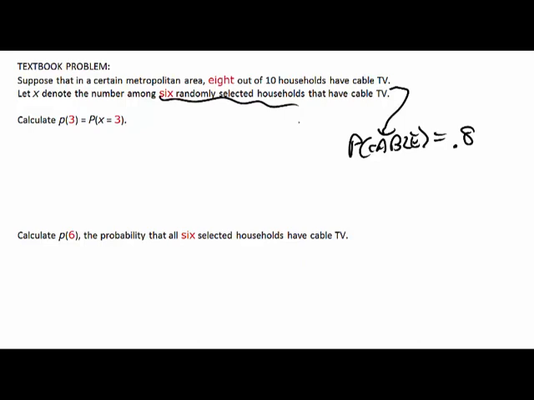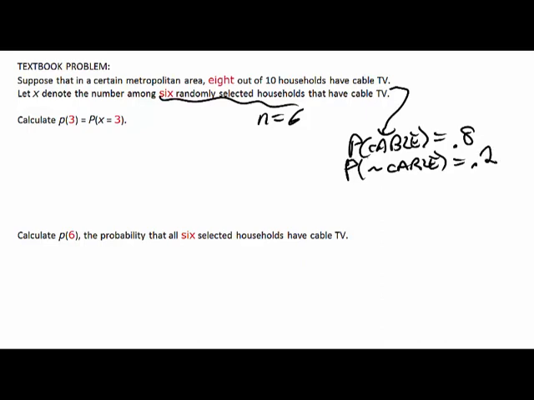So I'm going to randomly sample 6 households and try to see how many of them actually have cable television. Well, what that tells me is I'm actually doing 6 trials. I've got probability of cable, and that also tells me that the probability of not cable is going to be 0.2.